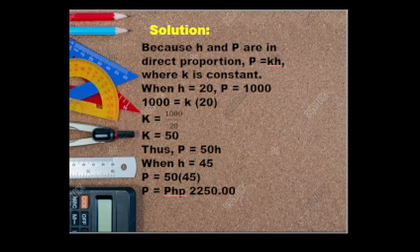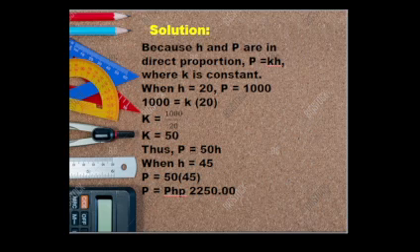where P is the amount that the worker will receive, or the paycheck, and H is the number of hours worked. So when H is equal to 45, if you work 45 hours, how much will your paycheck be? So we have P is equal to 50 times 45, and that is 2,250.